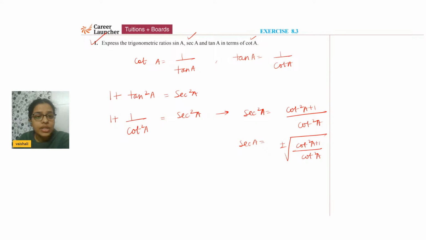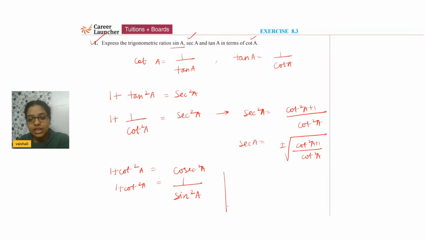Now the next thing is, how do I express sine A? The next formula is 1 plus cot square A is equal to cosec square A. Now I can substitute the fact that cosec is 1 by sine, so this is 1 by sine square A, and this is in turn equal to 1 plus cot square A. So my sine square A will become, if I take the reciprocal, 1 by 1 plus cot square A. And yeah, we are done.